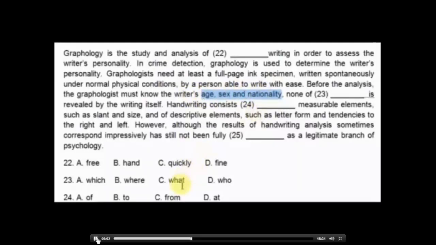It's not what, because they're not saying none of what. We use this in a question. And who, they're not talking about people. They're talking about age, sex, and nationality. Which things are revealed by the writing itself.